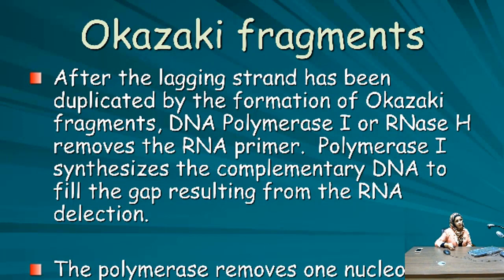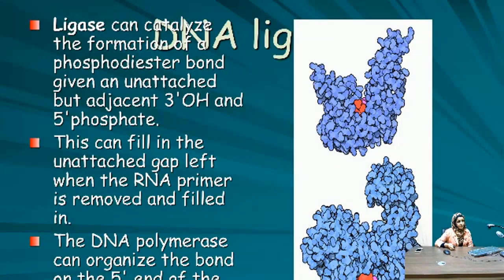The Okazaki fragment of the lagging strand has been duplicated by the formation of the Okazaki fragment. DNA polymerase 1 or RNase H removes the RNA primer. Polymerase 1 synthesizes the complementary DNA to fill the gap resulting from the RNA deletion. The polymerase removes one nucleotide at the end.